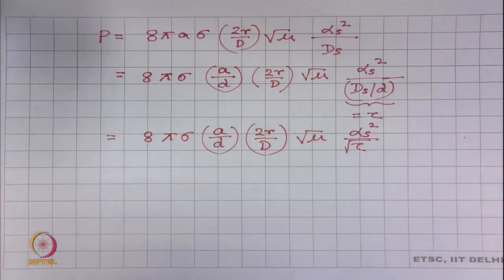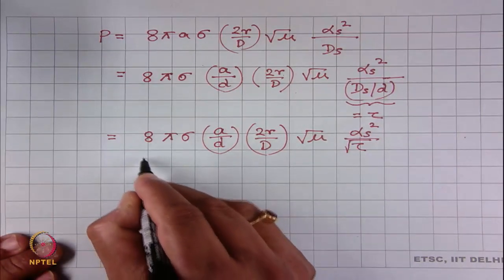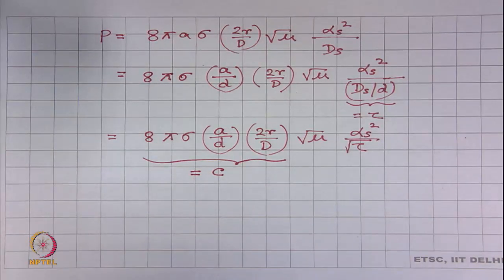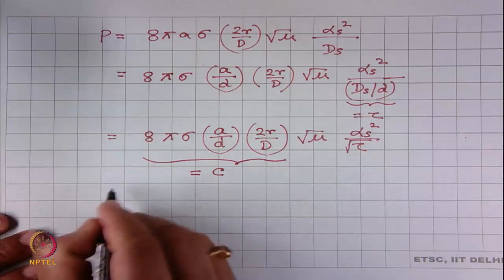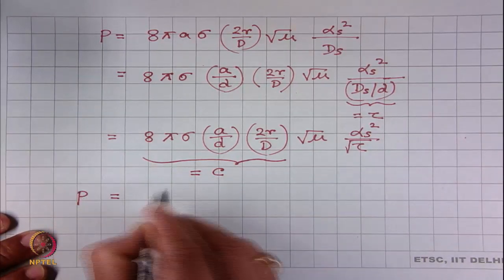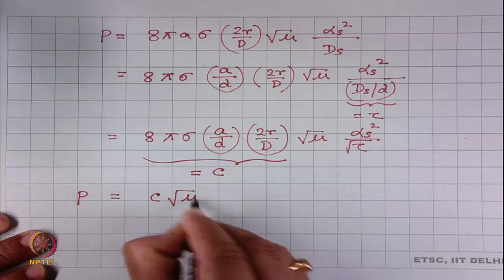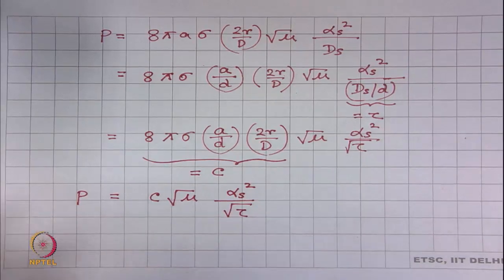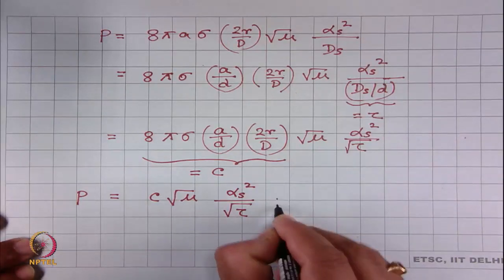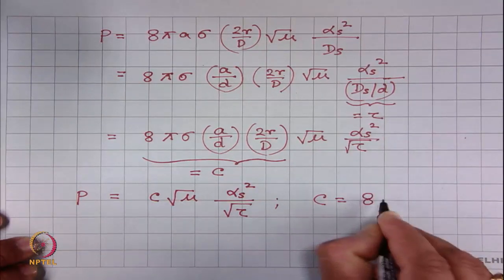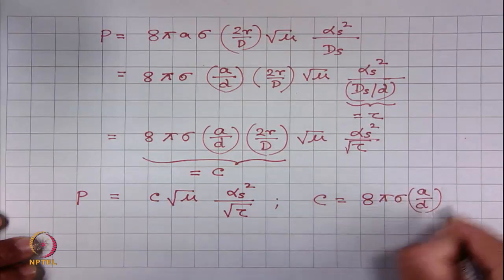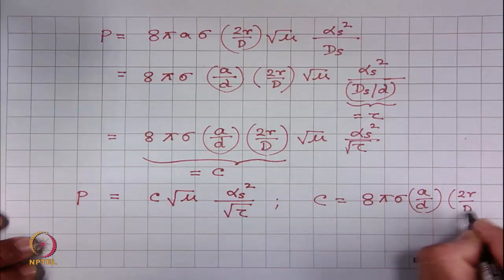Now, let us consider this ratio is equal to capital C. So, we can then write pressure capital C root mu alpha square by root over tau, where C is 8 times pi sigma A by d 2 r by d.